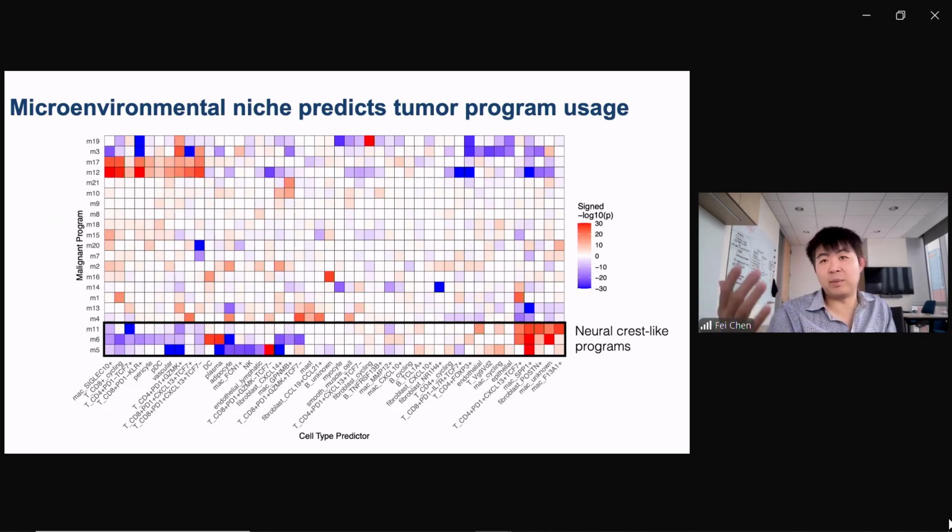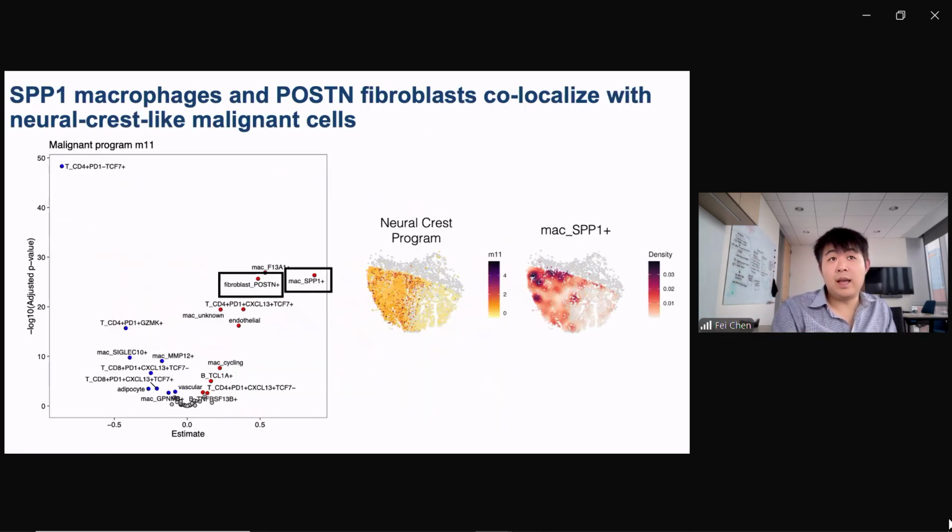It's an interesting fibroblast population observed in other tumor types that may also be immunosuppressive. You can see that here: these are the scores that explain this program usage, and MAC SPP1 and fibroblast post-N are highly correlated with it. You can see the usage of this program here, and the MAC SPP1 populations here.